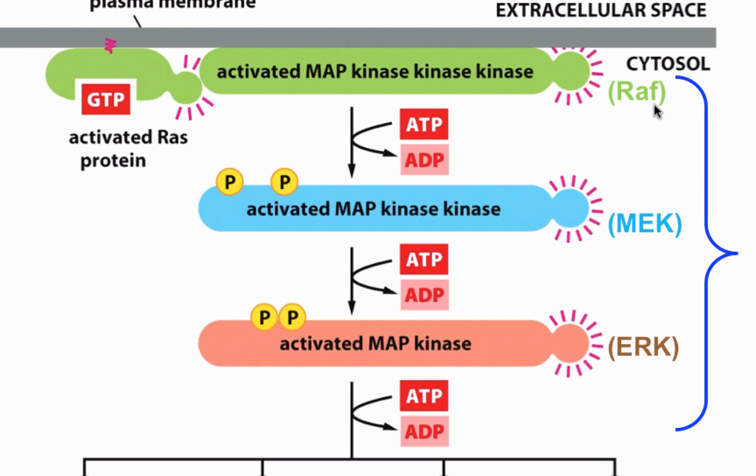For example, RAF is one of the names that we use in immunology. When activated, it will become a kinase and is going to activate the MAP kinase kinase. Once that is phosphorylated by the MAP kinase kinase kinase, it becomes active. The activated MAP kinase kinase is able to bind to its target, the MAP kinase, phosphorylating it. The phosphorylated MAP kinase, in this case, one example of them is ERK.